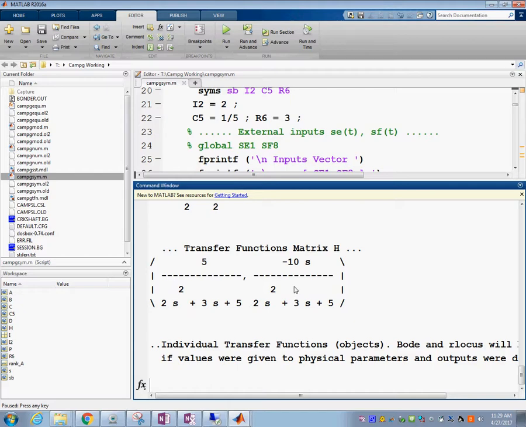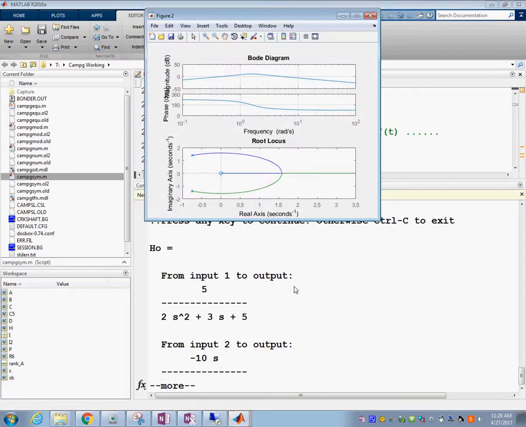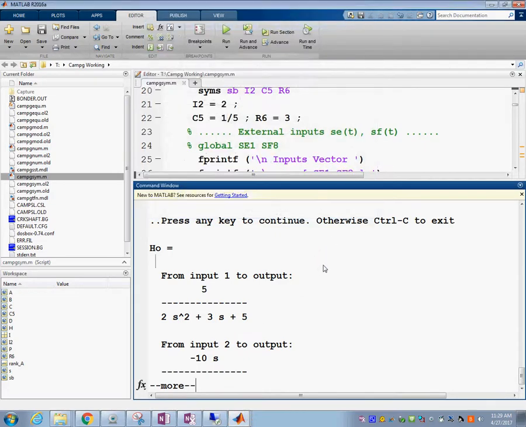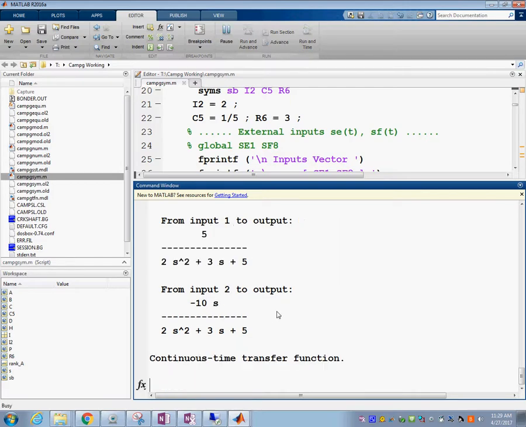And so the computer is going to go and do some calculations in there. Hopefully not too long. There we go. What it did is it went ahead and it says from input 1 to the output, and this will be from input number 2 to the output.